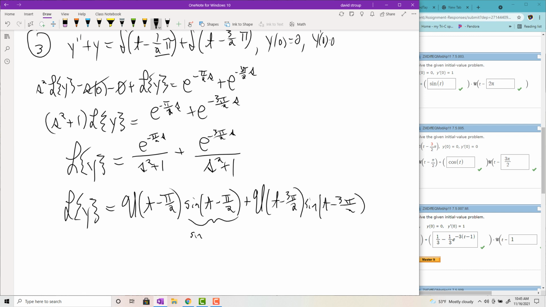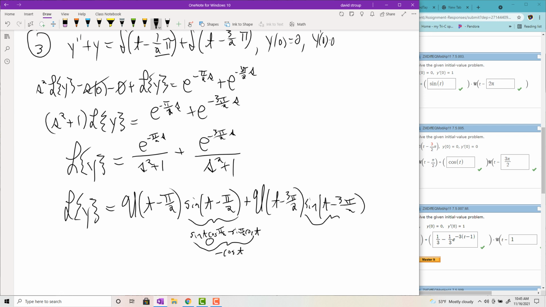From the same sine formula, it will be sine of t times cosine of pi over 2, which is 0, and then minus sine of pi over 2 times cosine of t. So sine of pi over 2 is 1, so the whole thing will end up being negative cosine t.